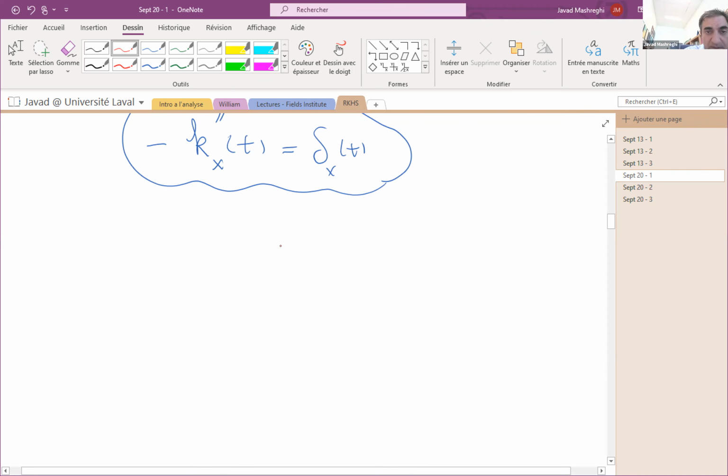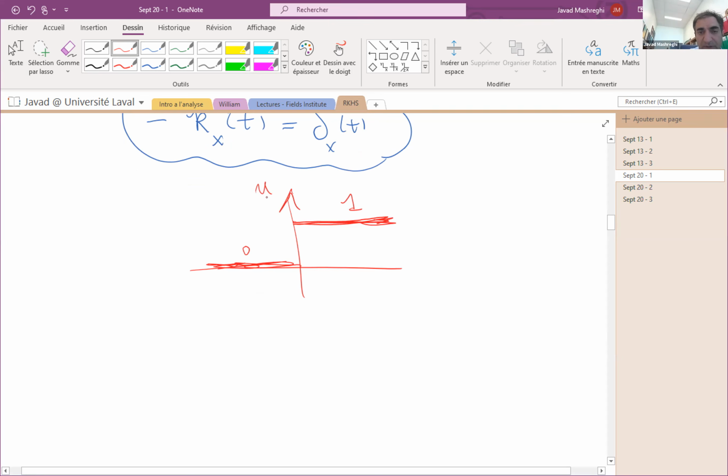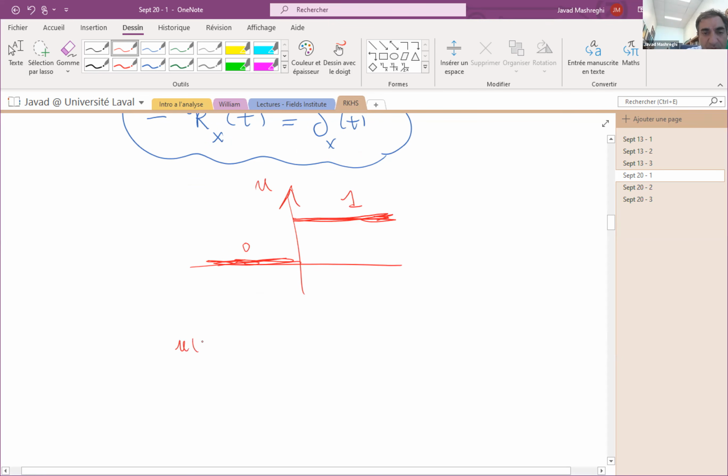Consider the function u defined this way: for t positive equal to 1, for t negative equal to 0, and precisely at the point t equal to 0, it really doesn't matter. You can define it the way you like. For example, to have it right continuous, I put the identity here.